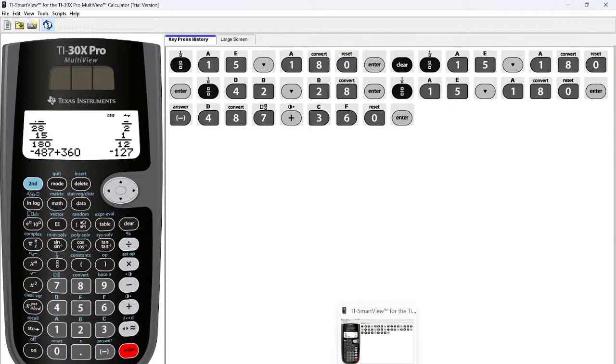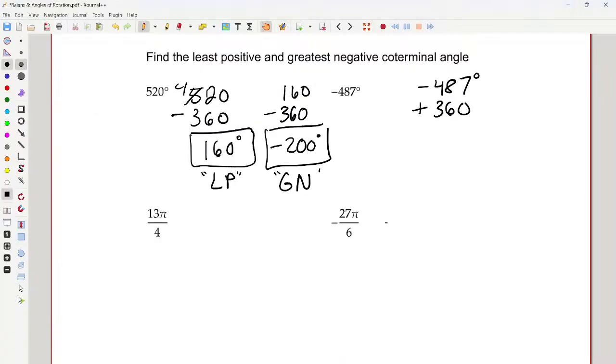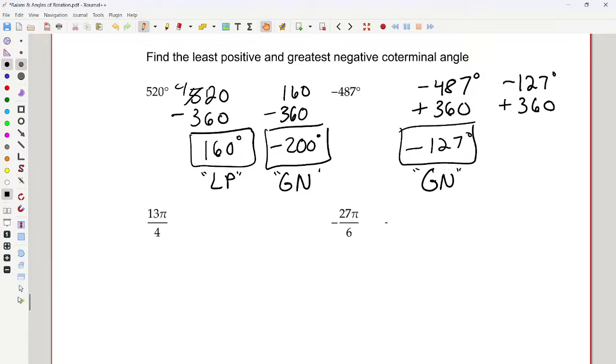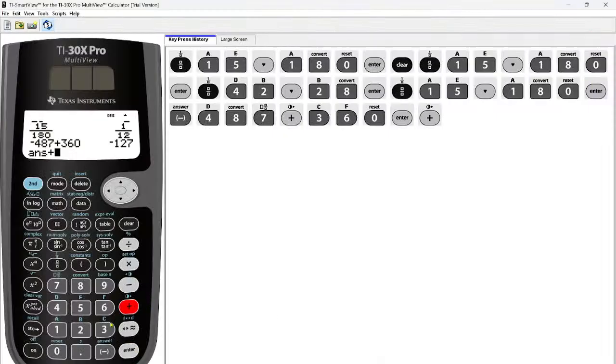Negative 127. I know that's going to be the greatest negative because adding another 360 to that's going to get me into positive land. Just turn on my little calculator, plus another 360, 233.